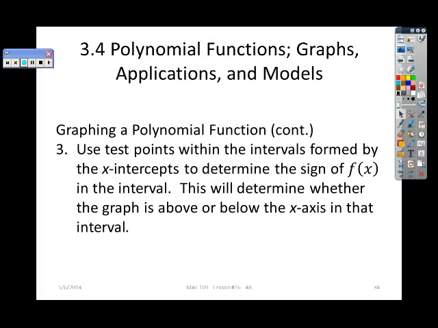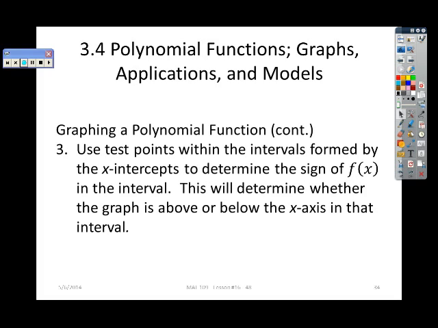That will tell you is the graph above or below the axis at that point. And halfway in between probably is a reasonable estimate of where that turning point is going to occur. Because if it crosses the x-axis twice, somewhere in between it has to turn. And so halfway in between is a reasonable place to guess where that turning point might occur.